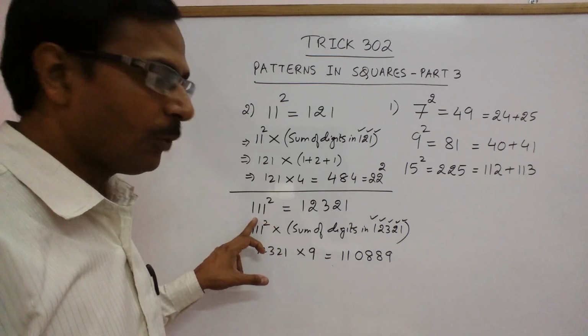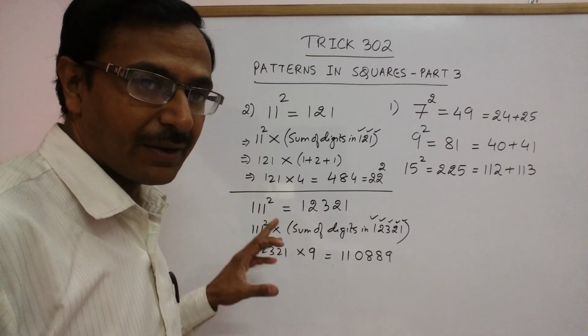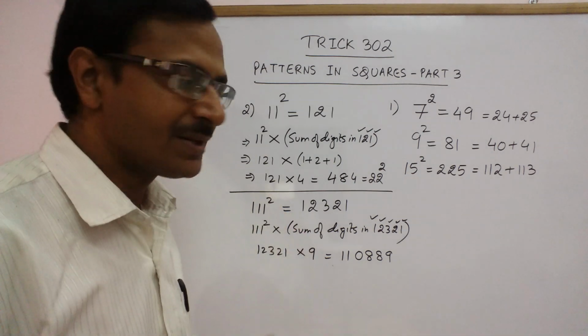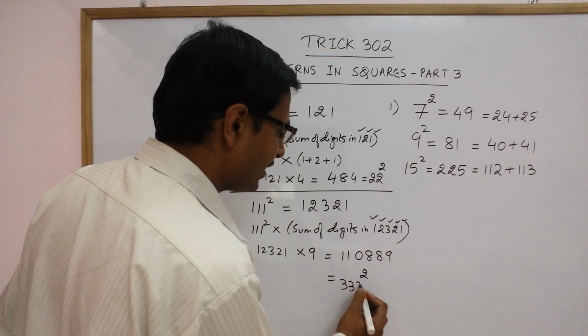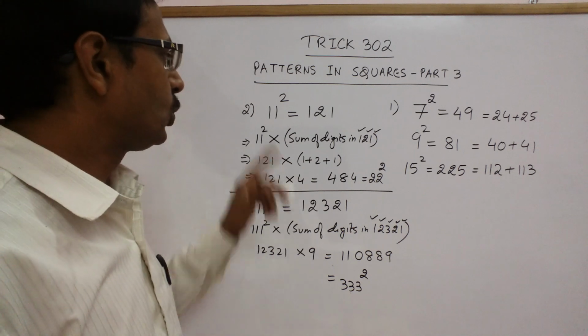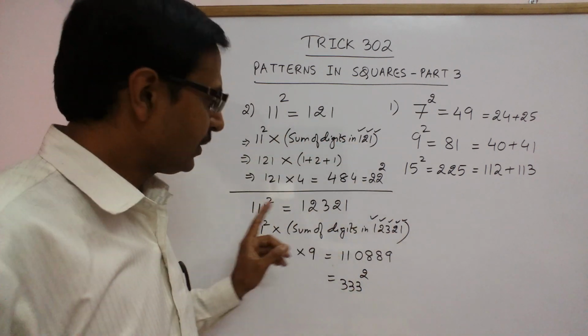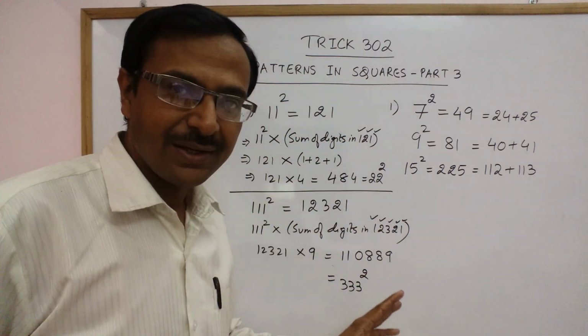Now, how many ones were here? There were 3 ones. So this number will be the square of 333. 2 ones, 22. 3 ones, 333.